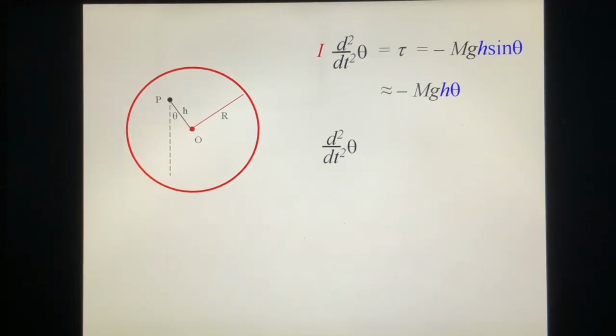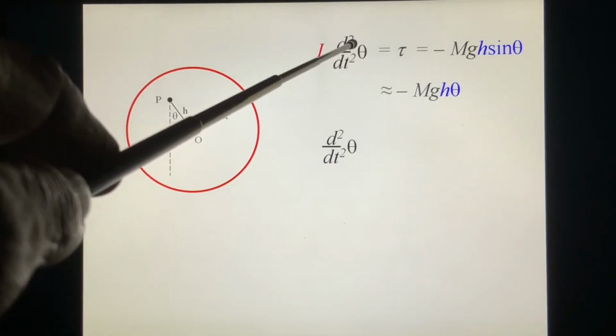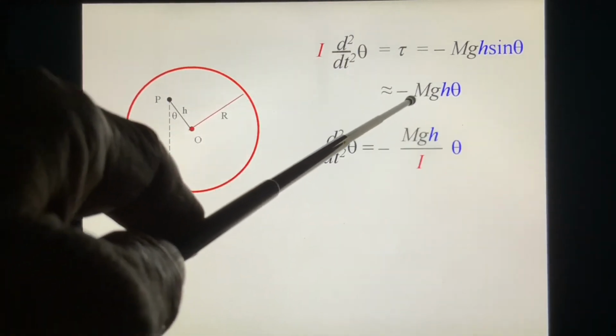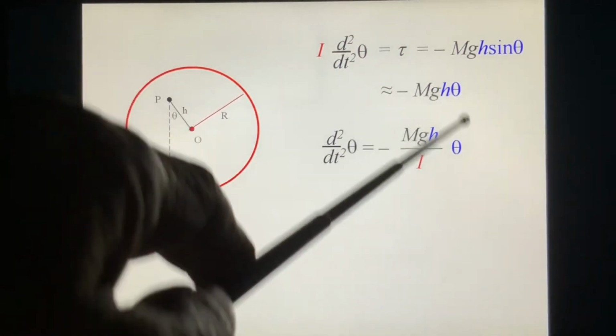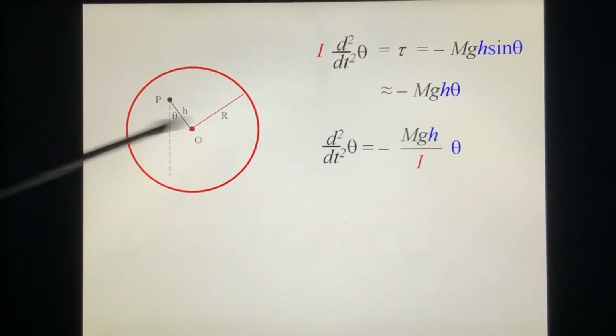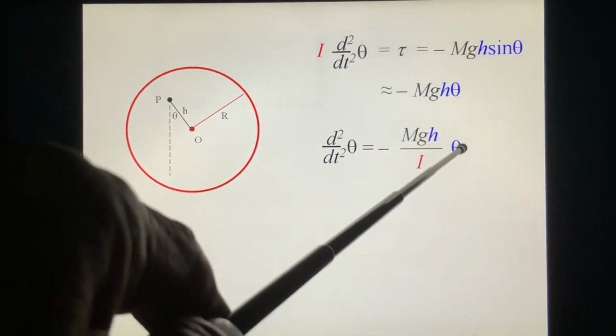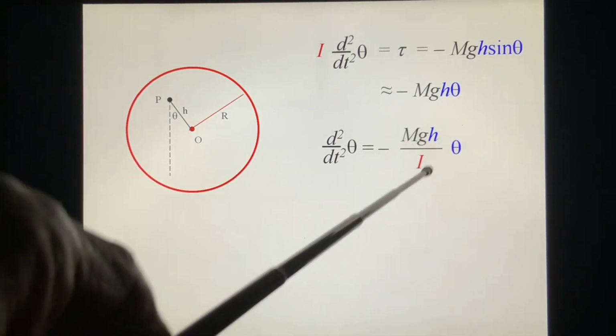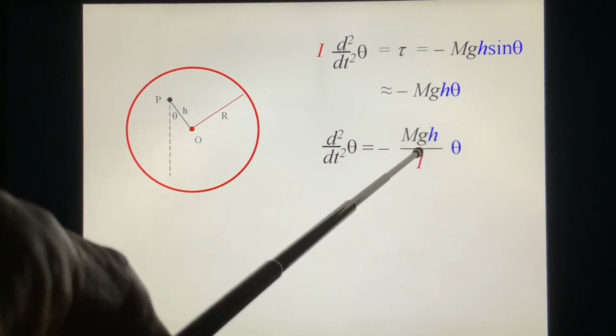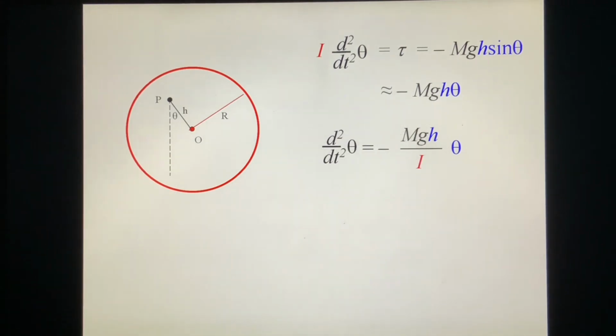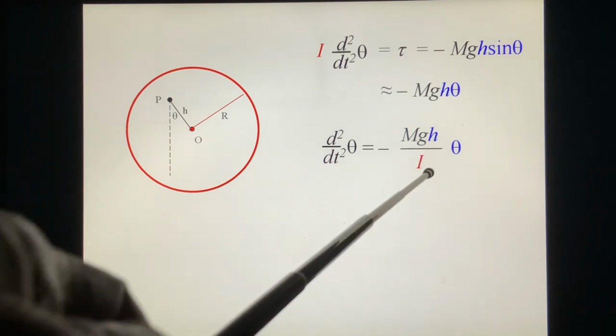And then we see alpha equal to minus mgh over I times theta. You look at this: acceleration proportional to displacement with a minus sign and a coefficient. This must be omega squared. We put in the I. What is I?